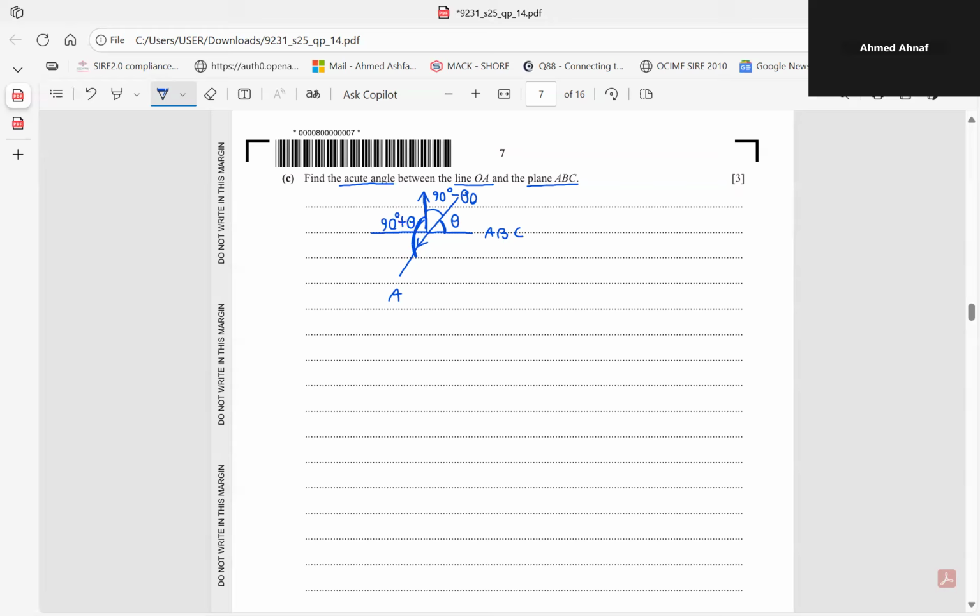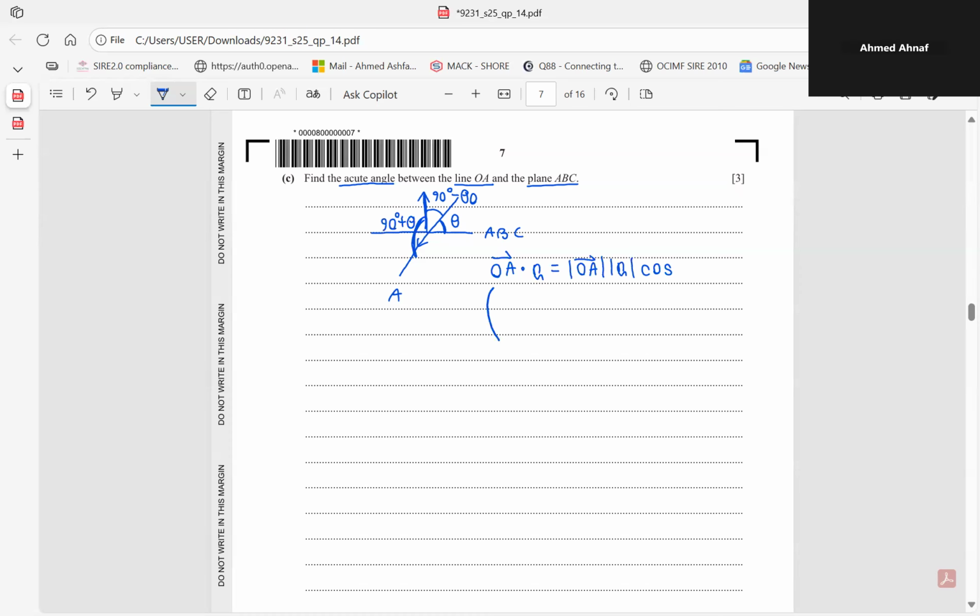We'll get an obtuse angle when our dot product is negative. So with that, let's find our dot product. The dot product of OA times the normal vector is equal to the modulus of OA times the modulus of n times cosine. I'll just leave this blank for now.